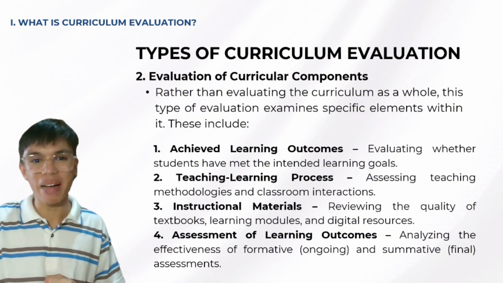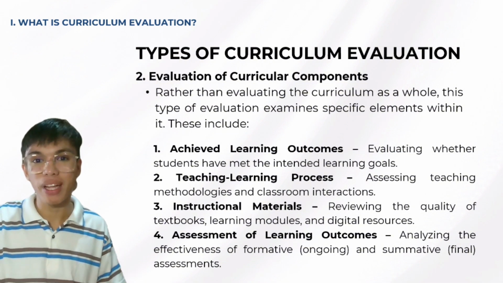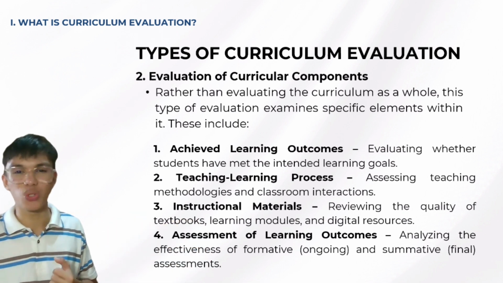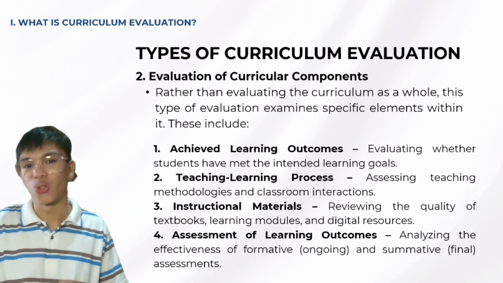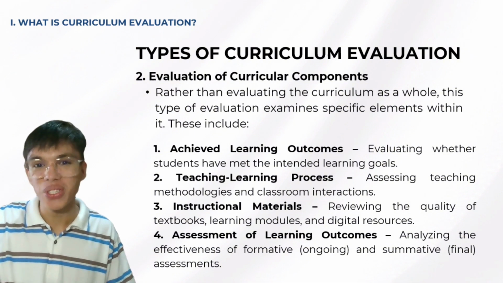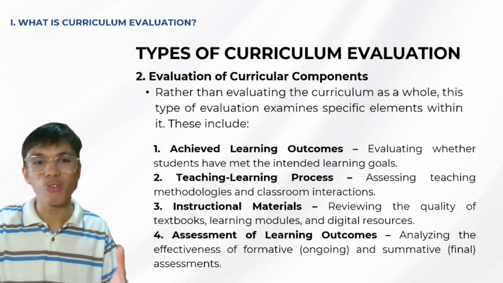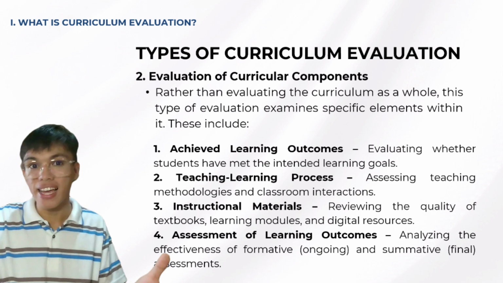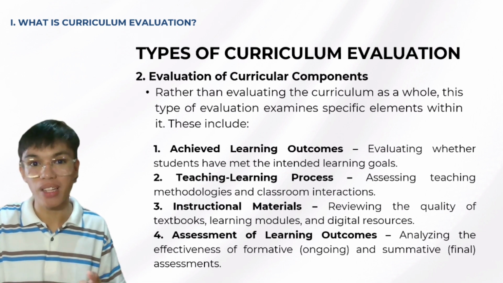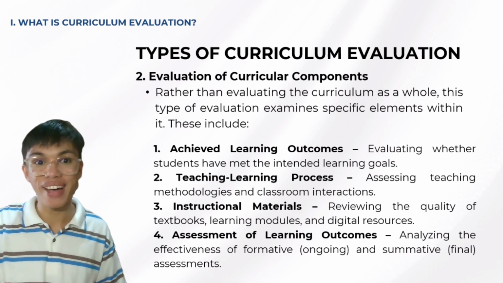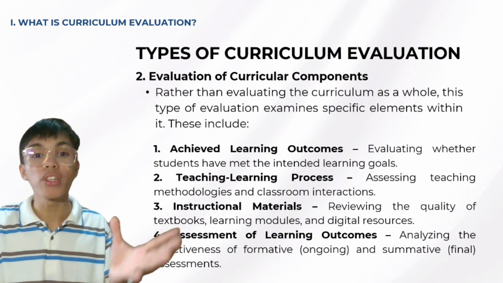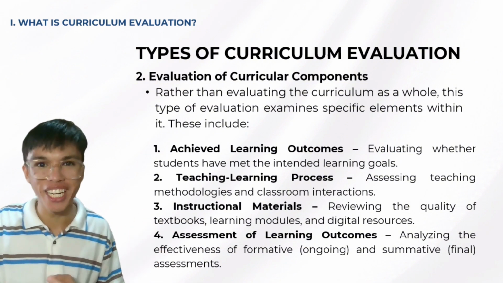And the last component is assessment of learning outcomes. So how do we measure students' progress? Through assessments. This component evaluates formative or ongoing and summative assessments to determine if they effectively measure what students are supposed to learn.